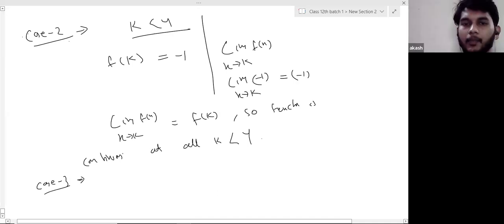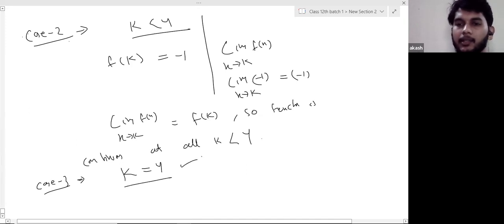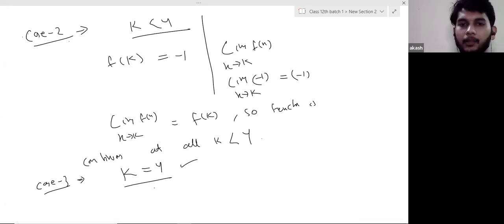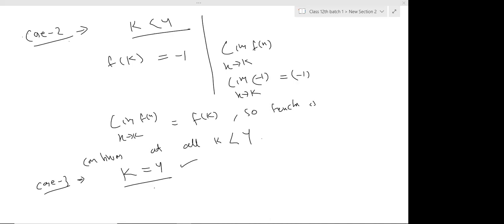Case 3. First note it down. Case 3 is k is equal to 4. Can you guys try to solve this for the third case? Yes, sir. All right. You can solve this for case 3. Try to solve.